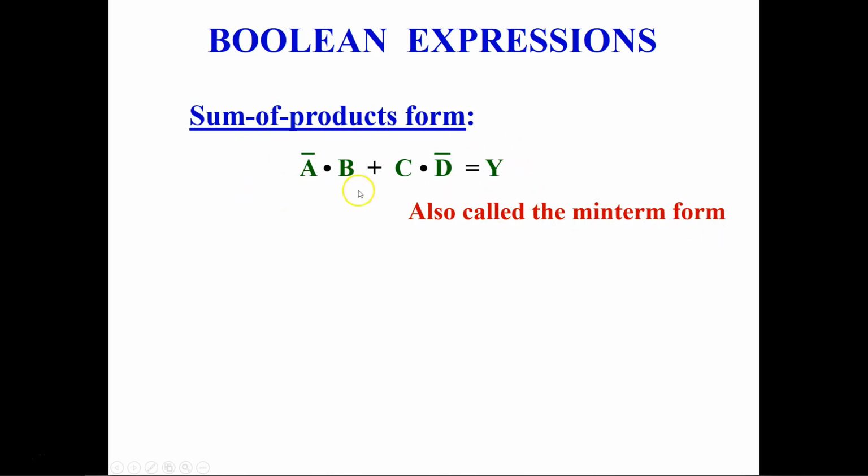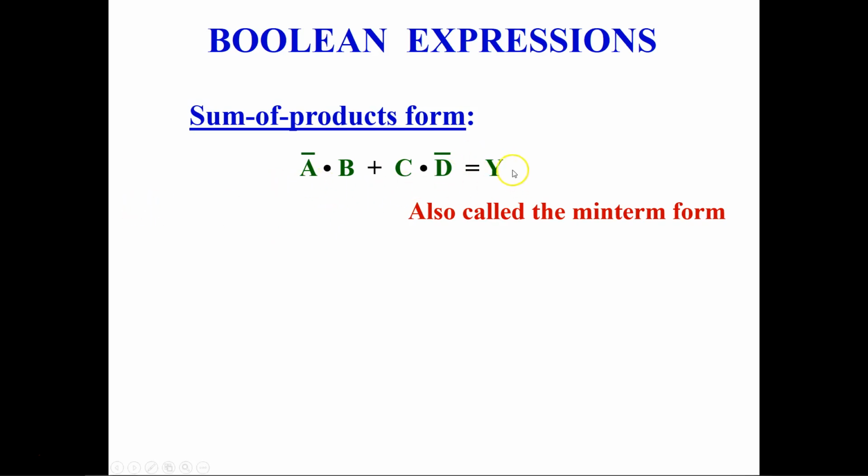For example, if you have A complement · B + C · D complement = Y. Complement, I hope you remember from our previous lecture. For example, if A is 0, then the complement of A is going to be 1. And the same here, if D is 1, then the complement of D is going to be 0.